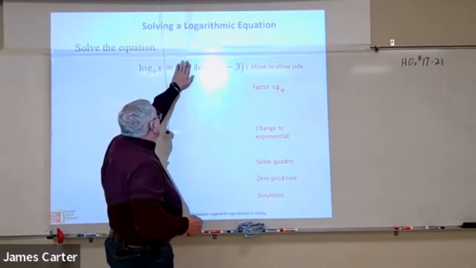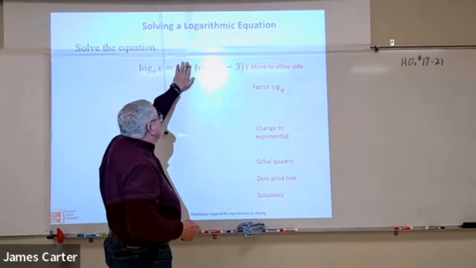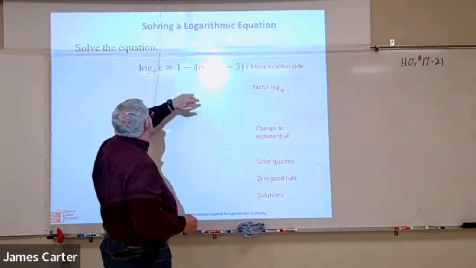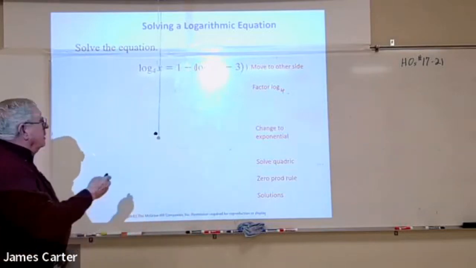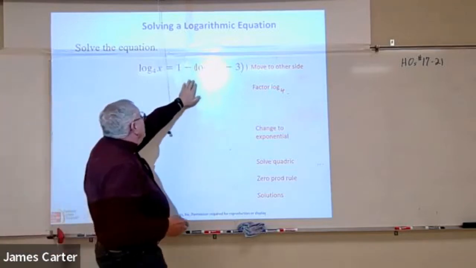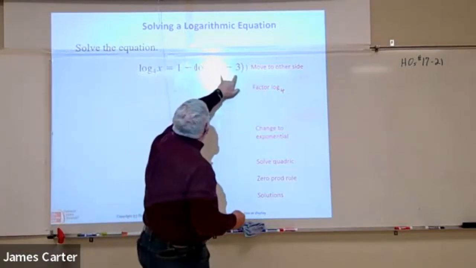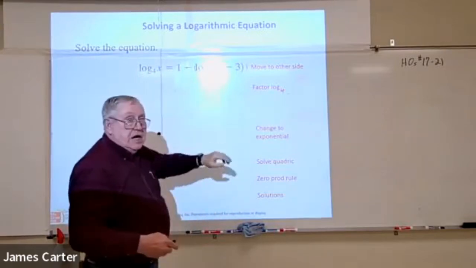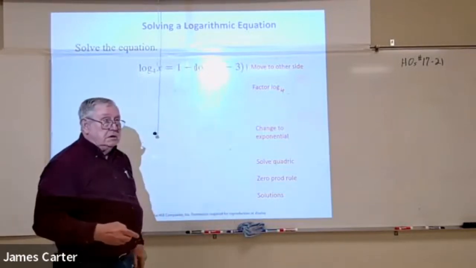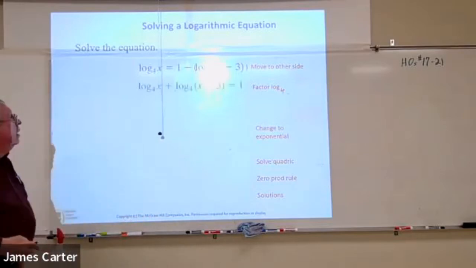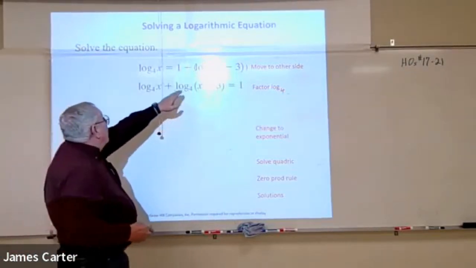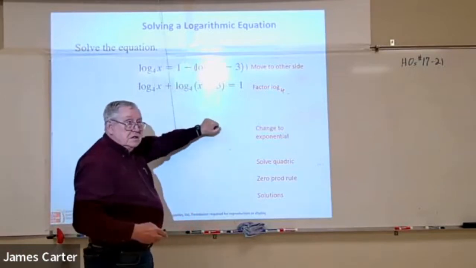Now, if this one right here weren't there, there's a different trick we can use. But for right now, because I've got a plus or minus in here, I've got to do it this way. So what I'm going to do is add log base 4 of x minus 3 to this side and that side. Those two will cancel. So it ends up over here. What was minus is now plus.